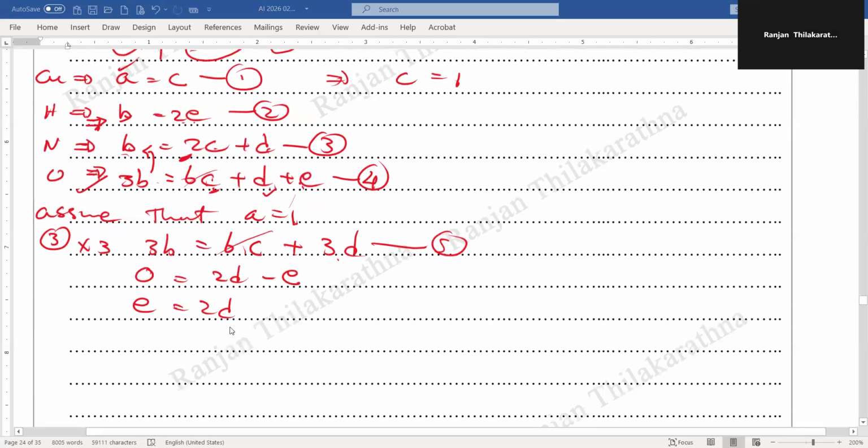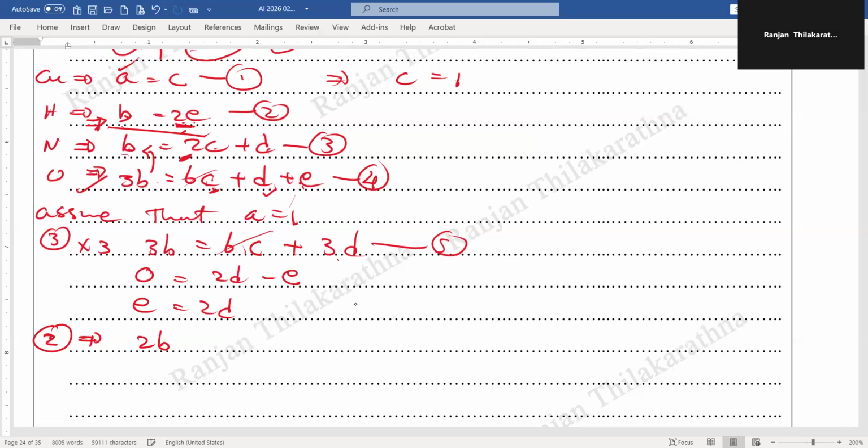Then in this case, I can replace that. B equals 2E. Instead of the 2E, I can put that 4D. From the second equation, what I do here, B equals to what?